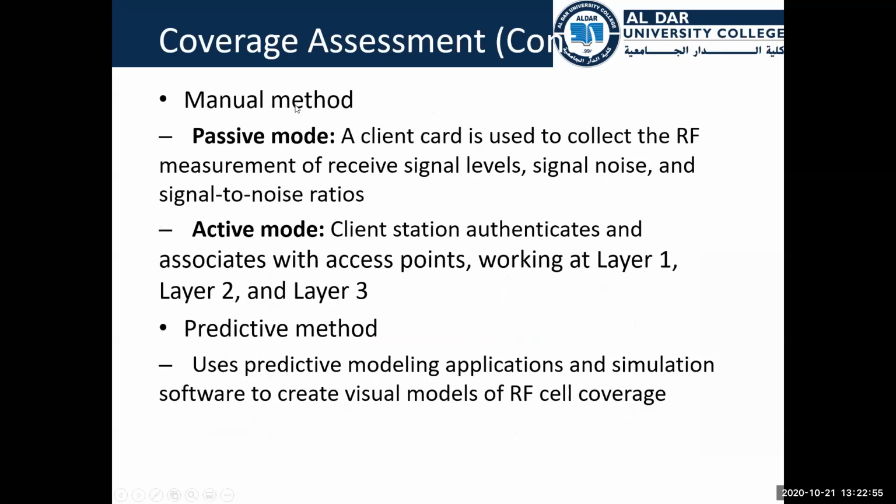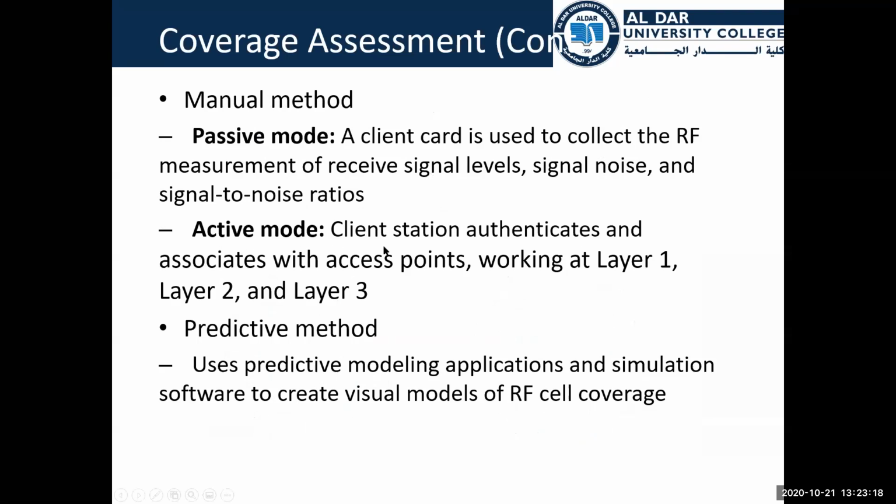For the manual methods, we have two modes: passive and active. In the passive mode, the client card is used to collect RF measurements of received signal, noise, and signal-to-noise ratio. This is just your laptop doing all the job.